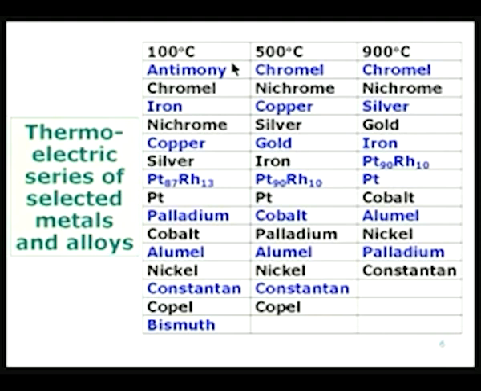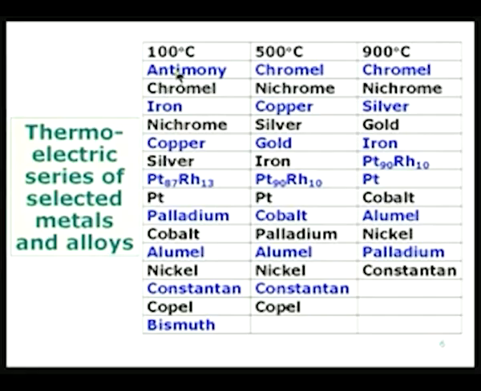The second piece of information which comes from this table is that if you take antimony, which is the first one in the first row or the second row, and compare it with any of the materials shown below that, it will be positive with respect to all of them.